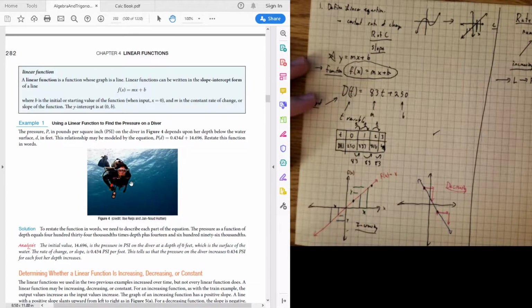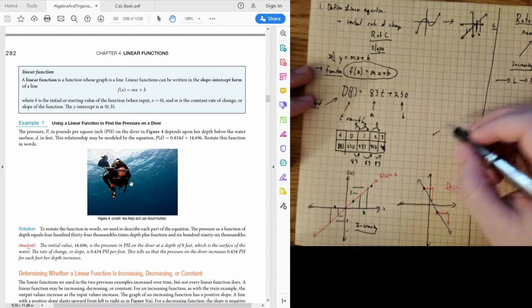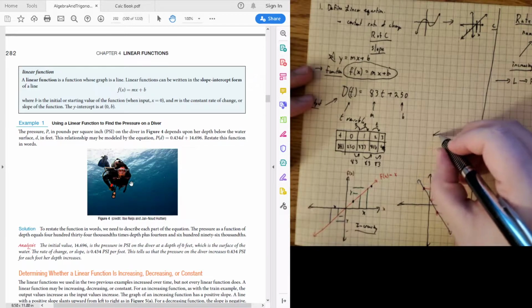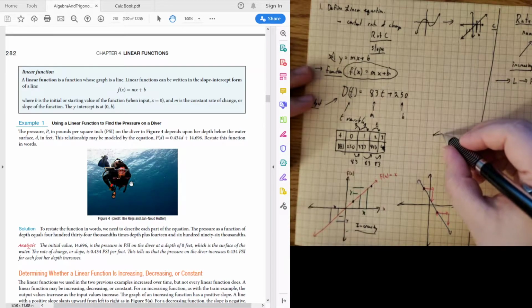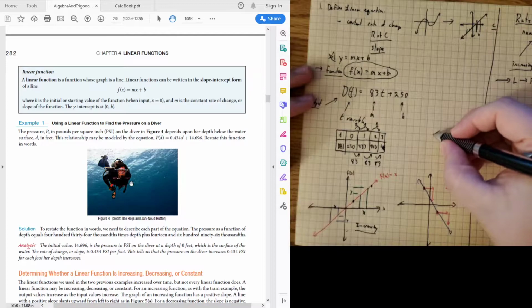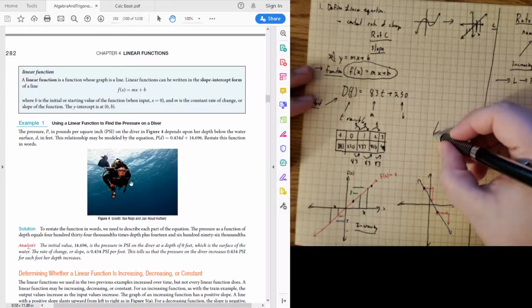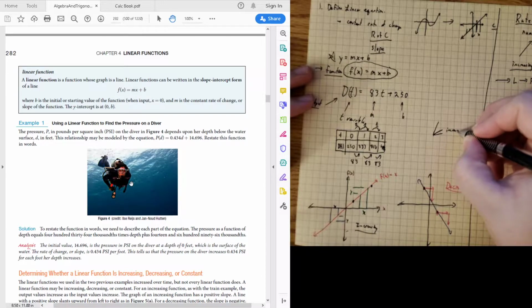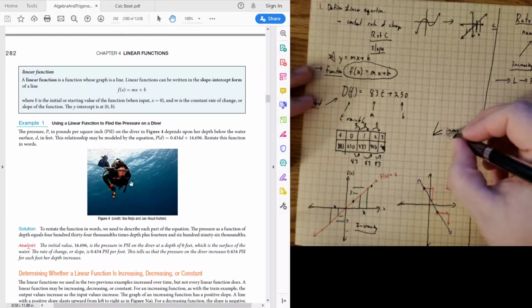How fast? Again, it's a formula. But I at least know how it is changing at that most basic level. It is going up. Maybe it's going up slowly, or it just goes up a little tiny bit. Or maybe it's going up very quickly. But in each of these examples, all three of these are considered to be increasing, because as we move from left to right, they are going up.